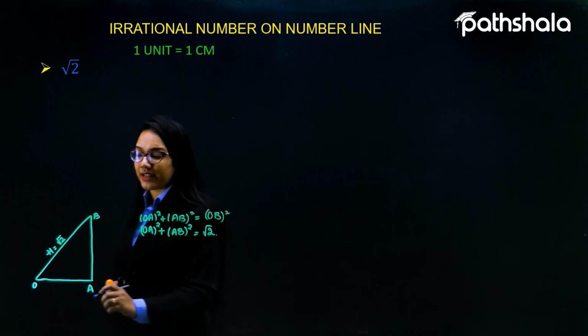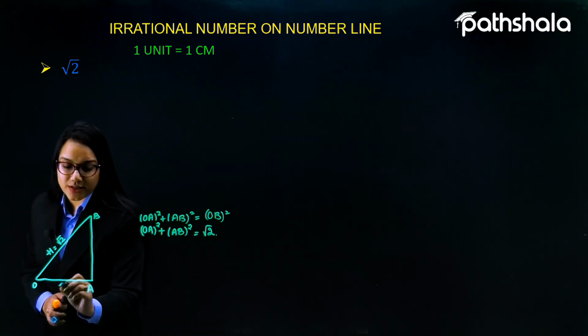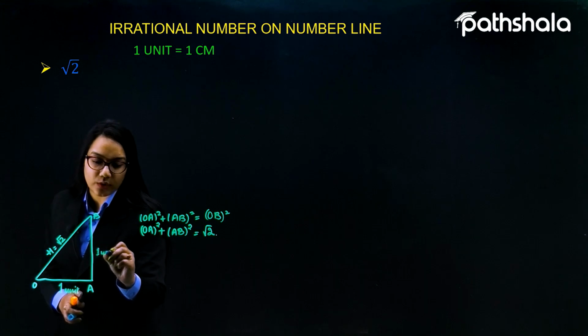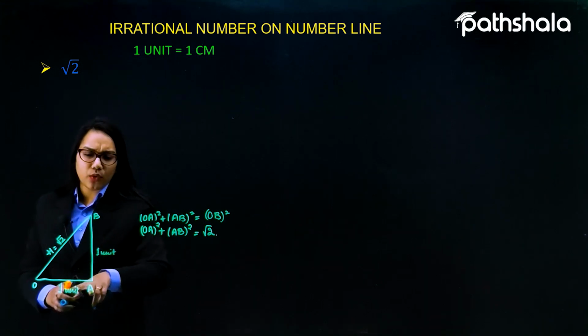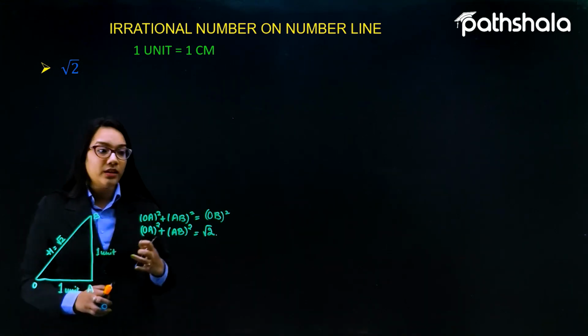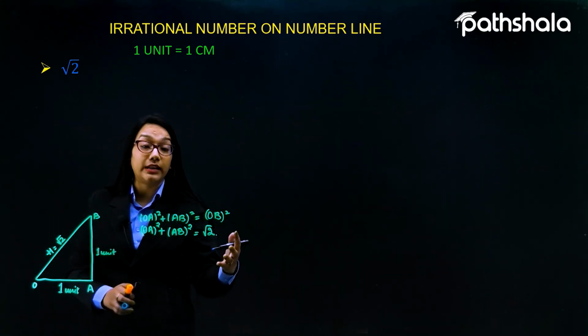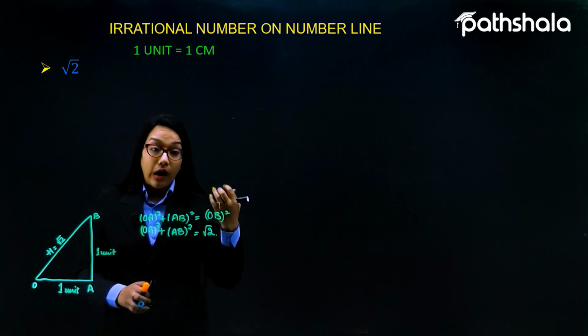Let us suppose we are taking OA as 1 unit and AB as 1 unit. If we plug in these values, we will definitely get the hypotenuse as root 2. How come?